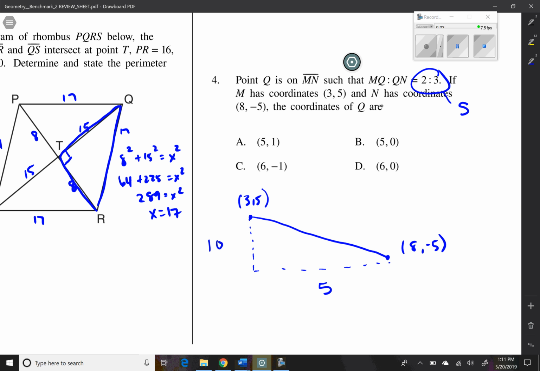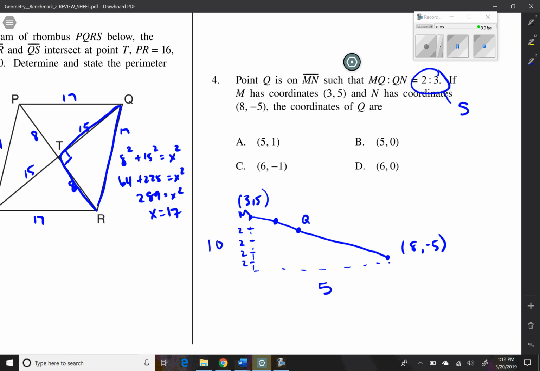So if I start at 3, 5, and I go down 2, and then go down 2, and then go down 2, and cut this up into 5 equal parts, I can create it so that my line segment's proportional. Now, since MQ represents 2 pieces, I have to do this down 2 thing twice, right?